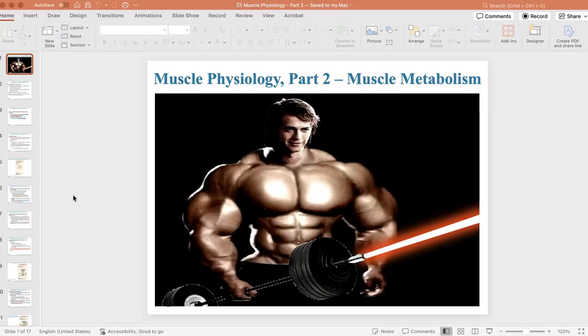To transition from part one to part two, we again emphasize the necessity of ATP. If we engage in any form of active movement for a variety of periods of time, perhaps warming up before an athletic competition, or if you're like me and you would prefer to live somewhere near the ocean, you go for a nice casual walk on the beach and you walk for a while, that's sustained movement.